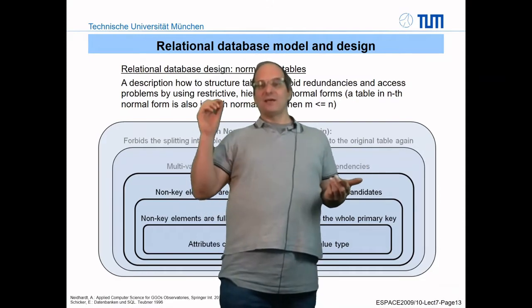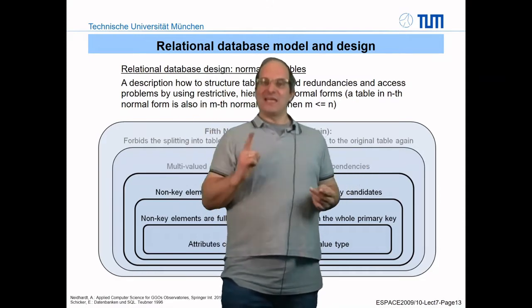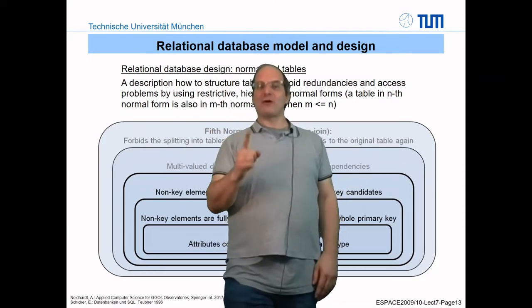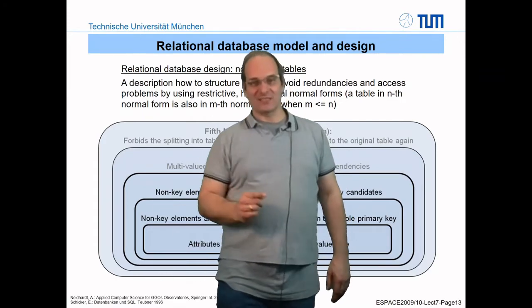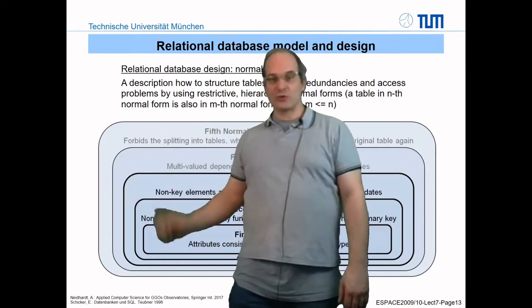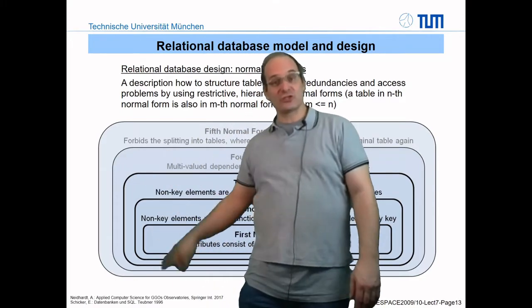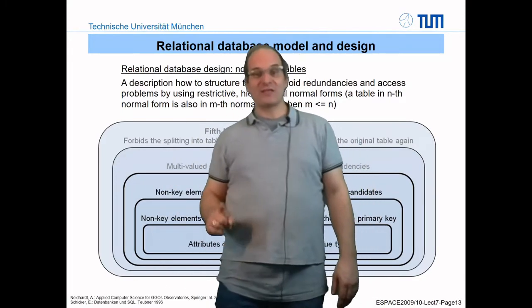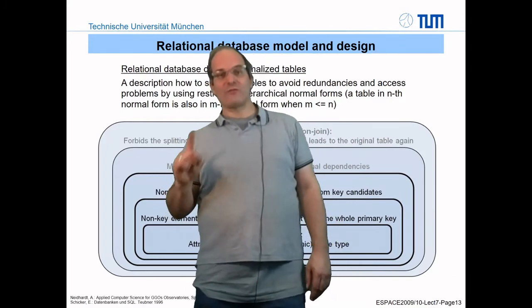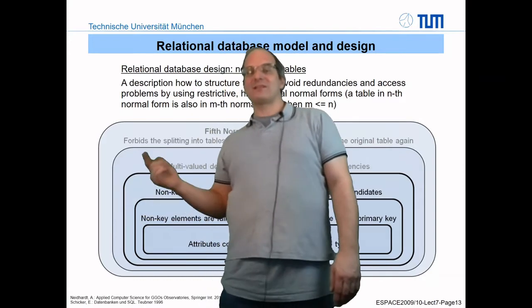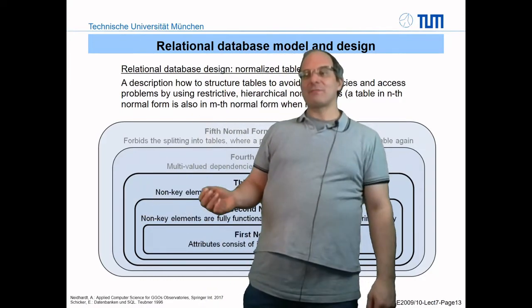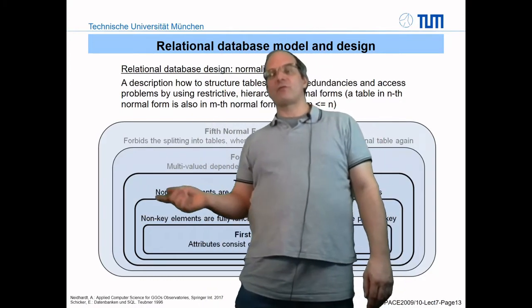And the big important thing is that you always think about redundancy. So all of these steps avoid redundancy. They avoid search. They create search structures, but they avoid redundancy. And therefore, the third normal form says that non-key elements are not transitively dependent on key candidates.